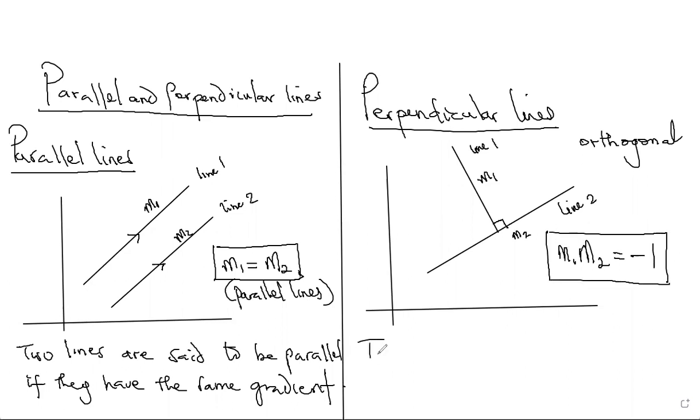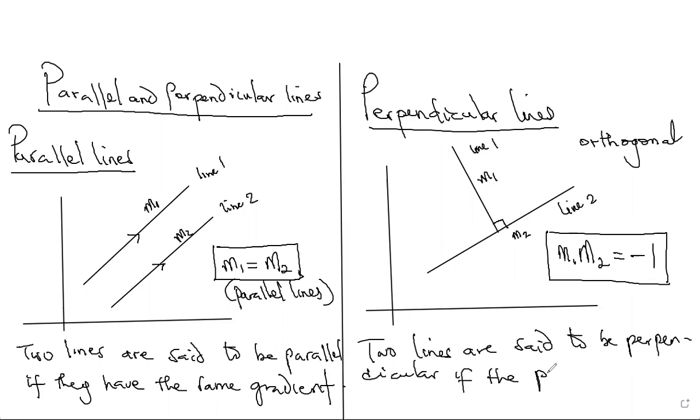So two lines are said to be perpendicular if the product of their gradients is equal to -1.